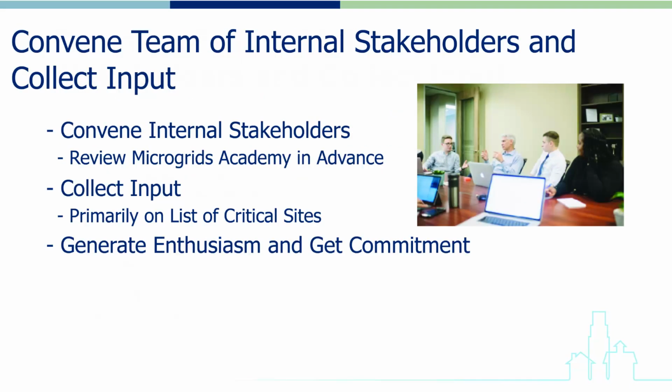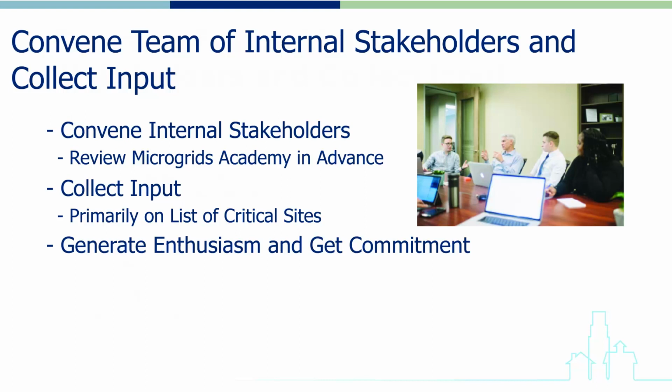Phase 2 starts with the project champion organizing a meeting with the previously identified internal stakeholders. It is recommended that as many of the internal stakeholders as possible review the Microgrids Academy before the meeting. This will allow the team to spend less time introducing concepts and start off with higher level discussions.